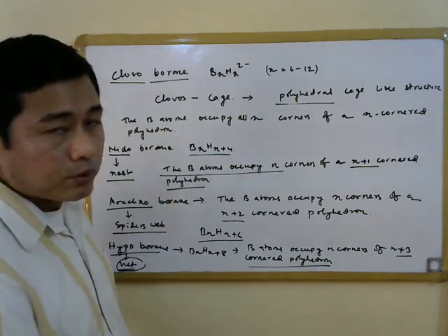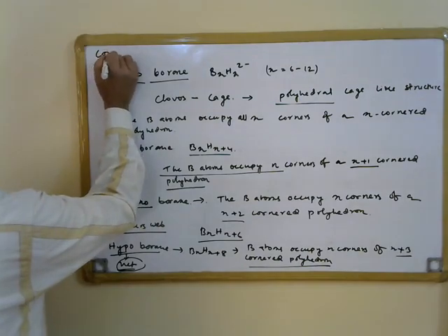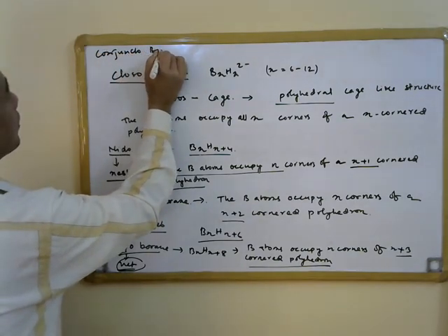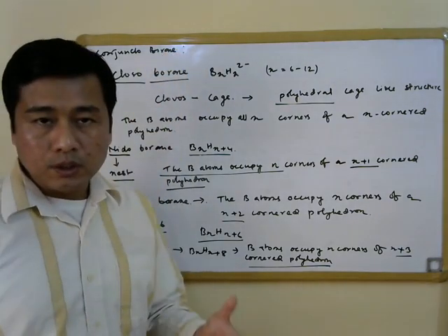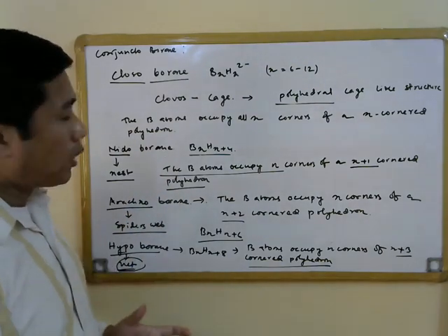And there is another type of borane apart from these 4 categories, which are known as conjuncto borane. These are hybrid structures essentially formed by the combination of any 2 of these borane structures.